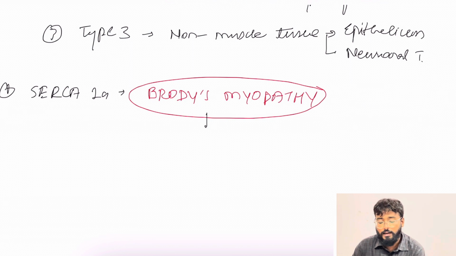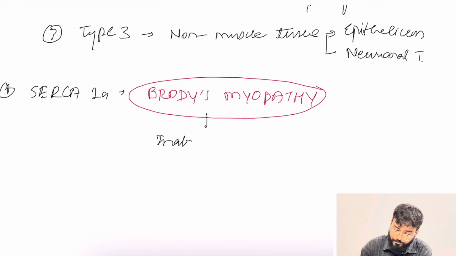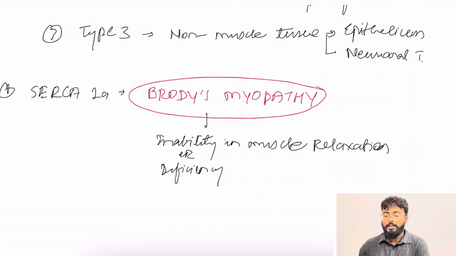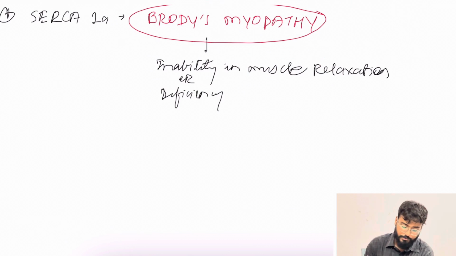Whenever there is defect in SERCA 1A, you will get Brody's myopathy, and in this condition, there is inability or deficiency in muscle relaxation.